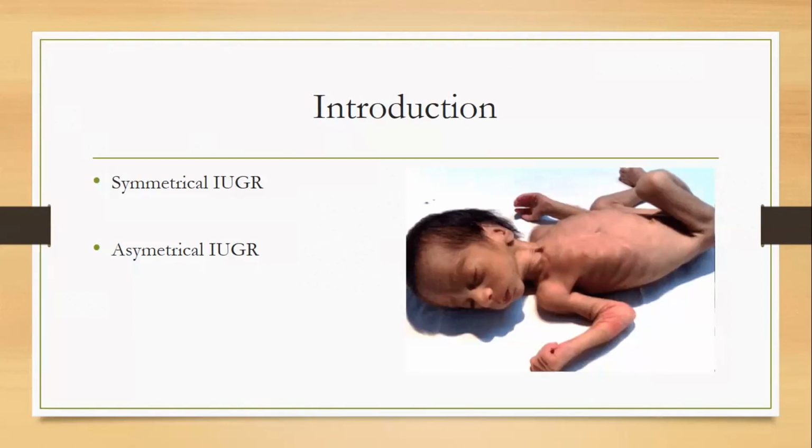Symmetrical IUGR commonly occurs when the intrauterine insult occurs early in pregnancy. And we find that most of these babies with symmetrical IUGR may either have chromosomal abnormalities like the trisomies, or they might also have congenital infection.